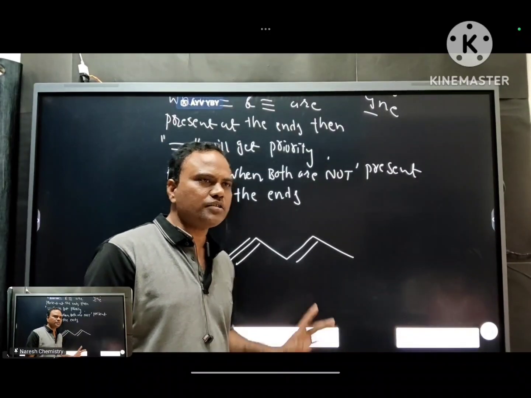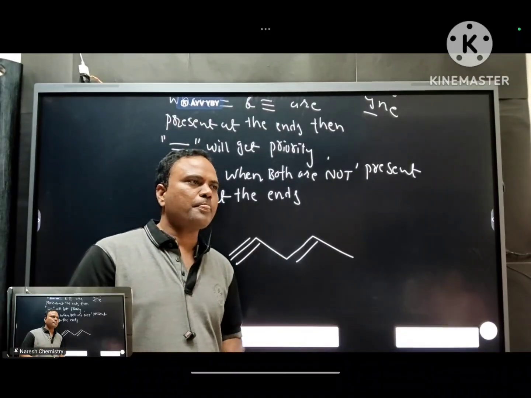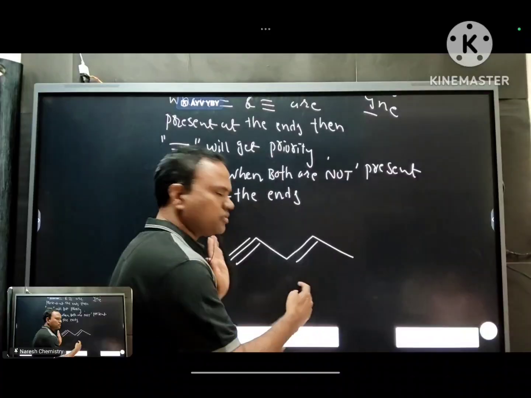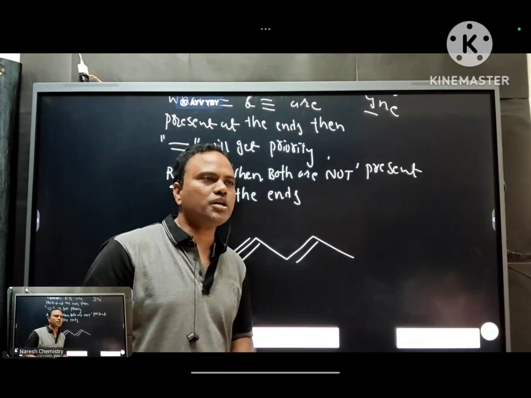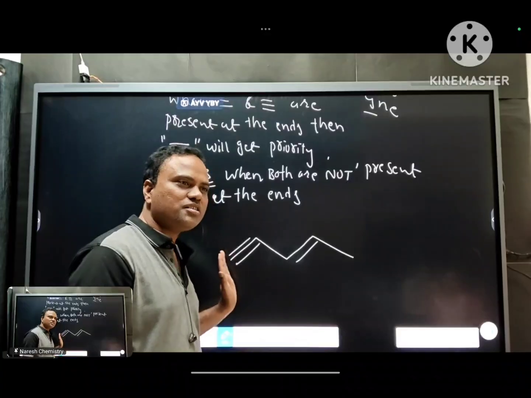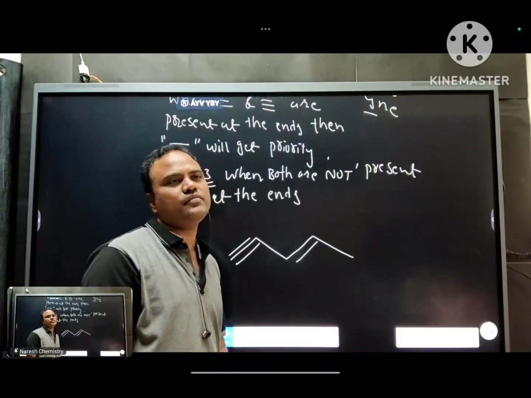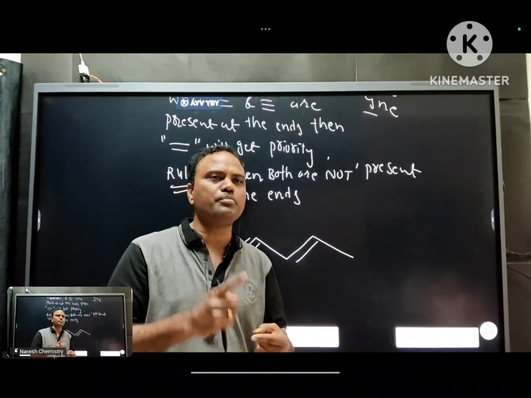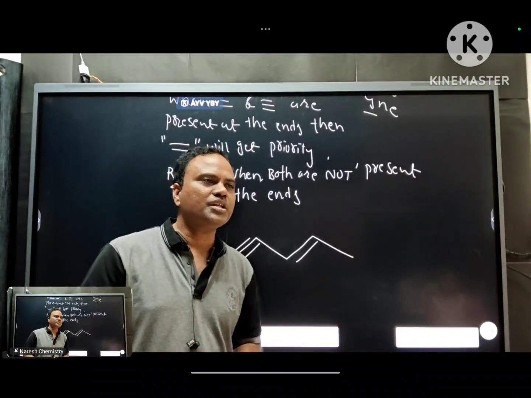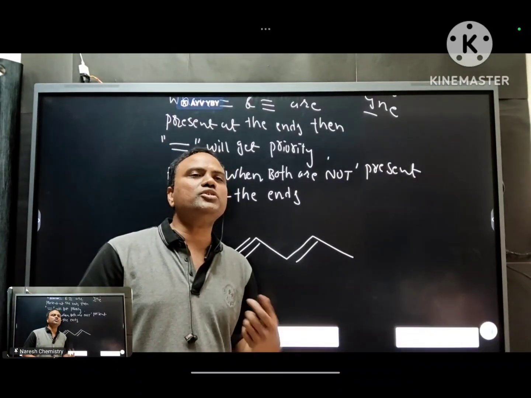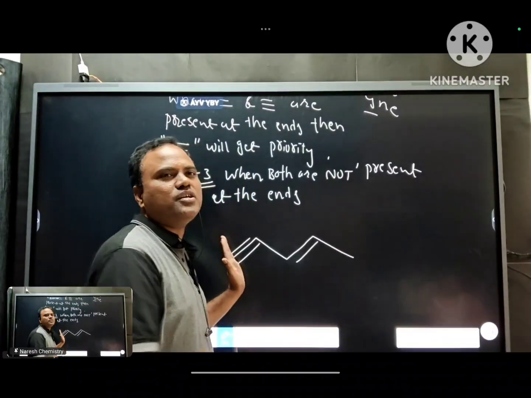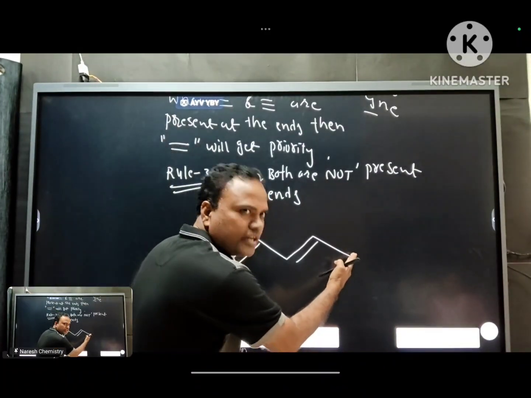Both are not present at the end in this case, right? But which is coming first? You are touching the triple bond first. Triple bond is coming first. So when both are not present at the ends, give the priority to the bond which comes first. At first position a triple bond is there; at first is there any double bond?